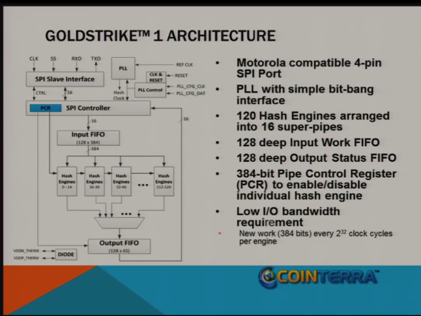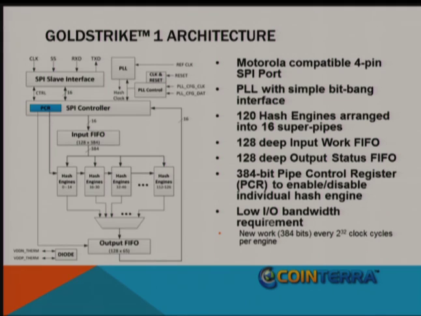With the PCR, we can enable or disable any of the 120 hash engines and also set a specific nonce range over which the engine should be searching for a result. And this is good for test and debug.